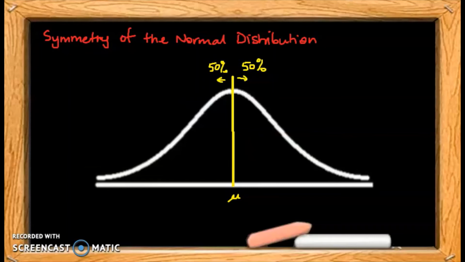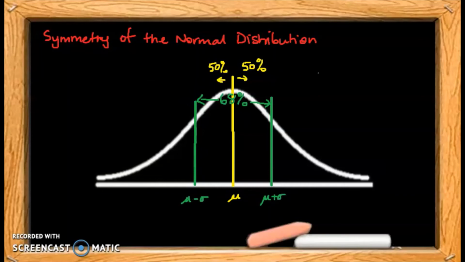Now we also know by our approximations that plus or minus 1 standard deviation, which we might be able to place here, there is 68% of data between these 2 points. So this is the mean minus 1 standard deviation, and this is the mean plus 1 standard deviation.